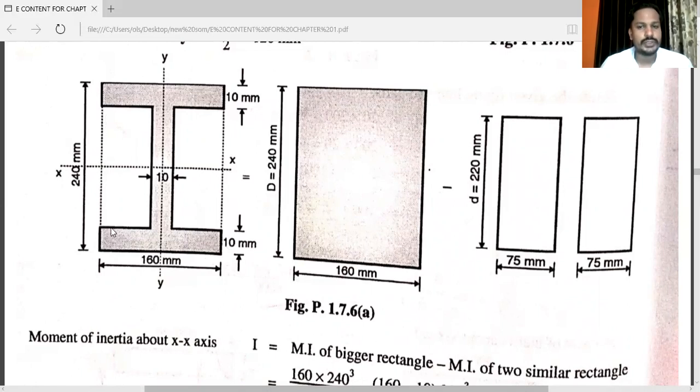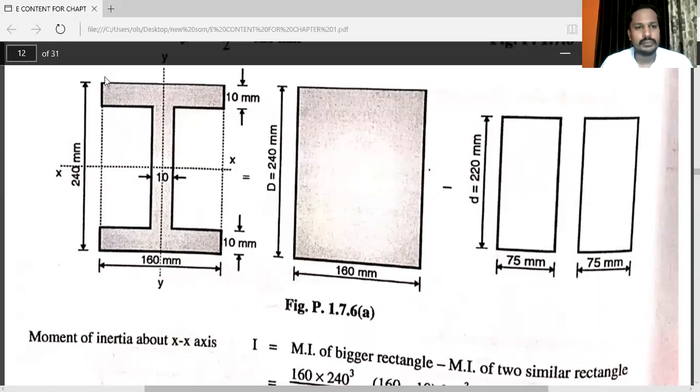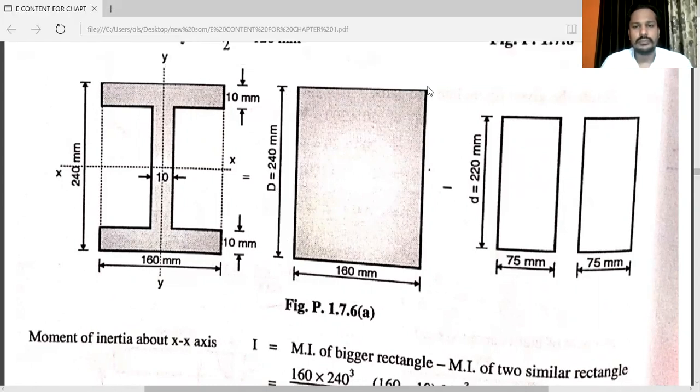This one is the first, and this one is the second. So you can see the first diagram. This is the given diagram. You can see the second diagram, and you can see the third diagram.